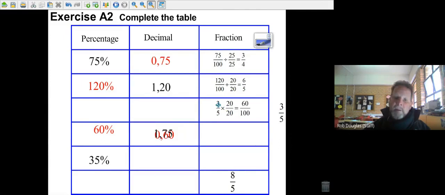And then you have to multiply the top by 20 as well. So 3 times 20 is 60. So 60 out of 100 is the same fraction as 3 over 5. Well, 60 over 100 is 60%. And then 60 hundredths is 0.60.